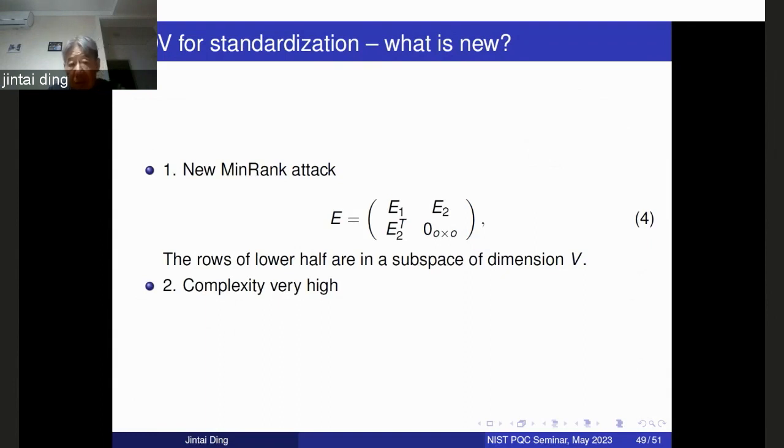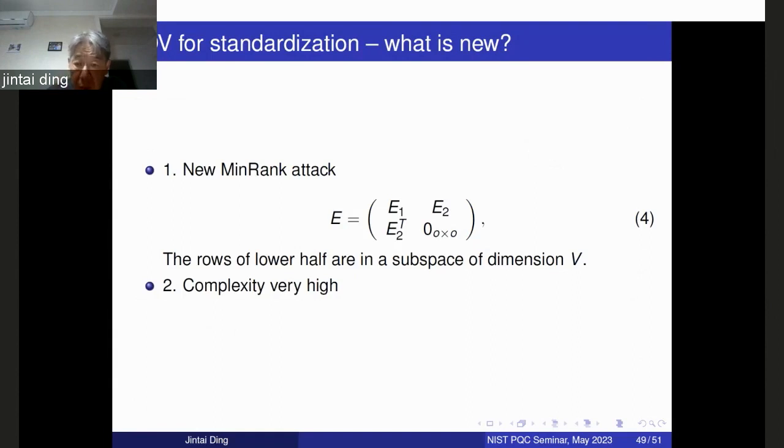If you look at the bottom rows of this matrix, the bottom rows of E2, you realize all these vectors come from the vinegar space. If you pick any row, or even all of them, they are still in this subspace, so we cannot do much about it.